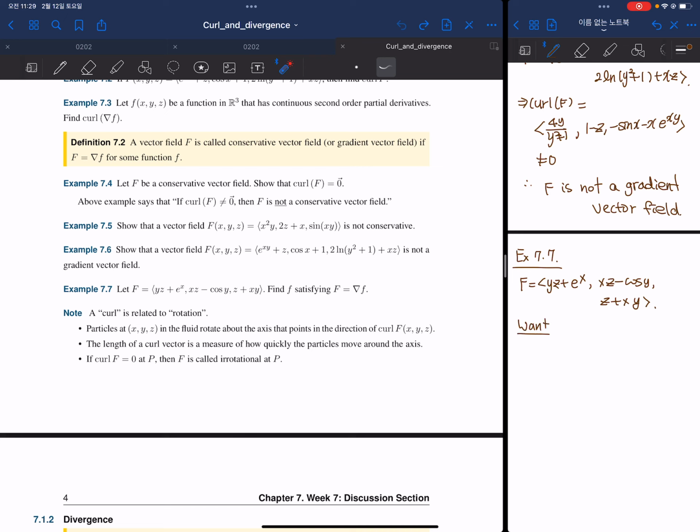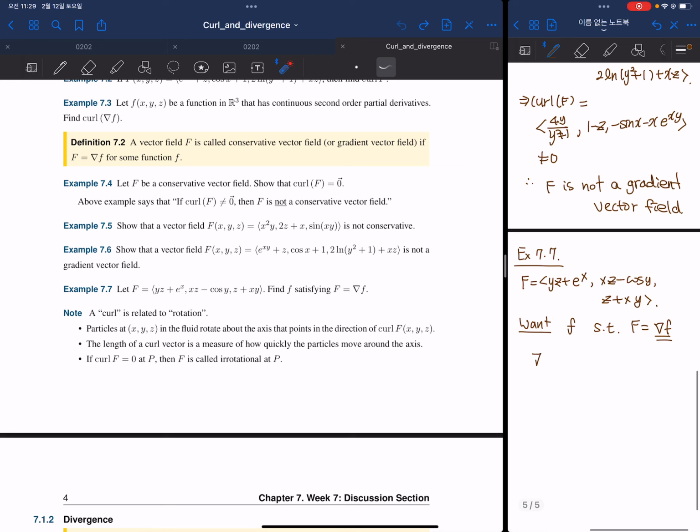What we want to do here is find f satisfying F equal to the gradient of f. And let's focus on what the gradient of f is, and maybe you can say it is the partial derivative with respect to each variable.